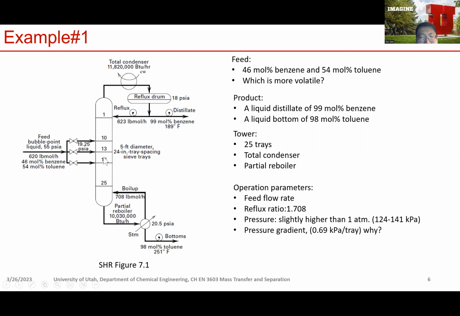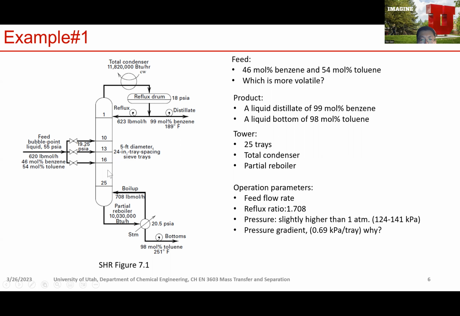We can read the operation parameters, including the flow rate and the reflux ratio here. That's basically when the reflux drum splits the stream into two streams, and the reflux ratio is the ratio of the reflux flow rate versus the distillate flow rate.